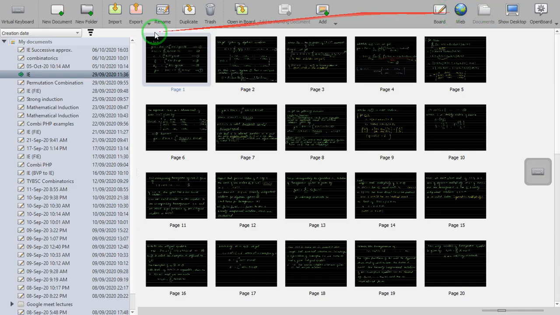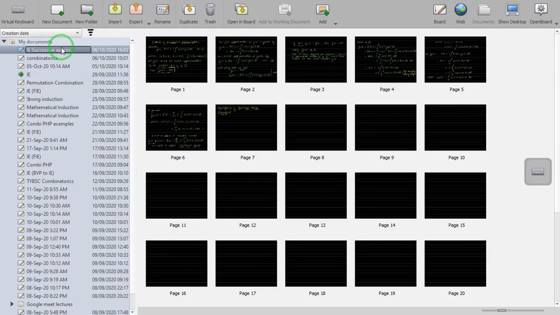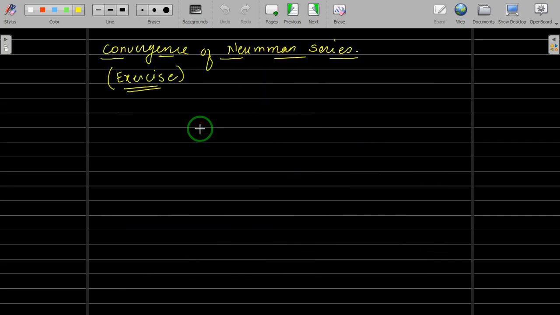So let me see what we have done today. Okay, so the question is whether your Neumann series converges or not, and I'm leaving this as an exercise for you to check whether it converges or not.